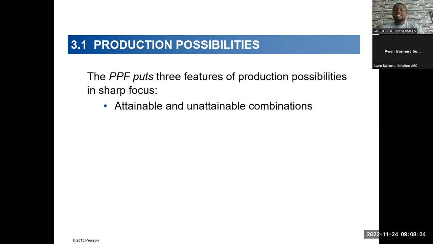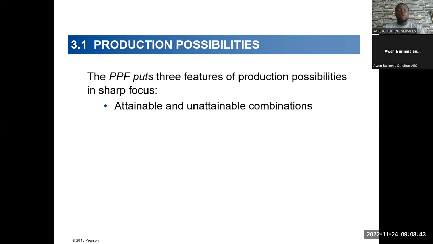What are the combinations that we can actually attain given the resources that we have and then our level of technology? What are the ones that we cannot attain? The ones that we wish we could produce, but then we cannot. So we'll look at attainable and then unattainable combinations.